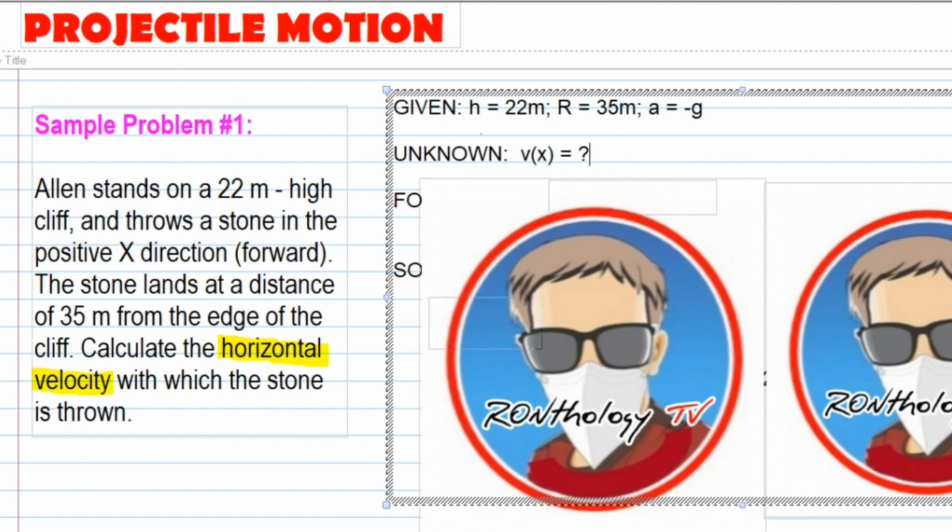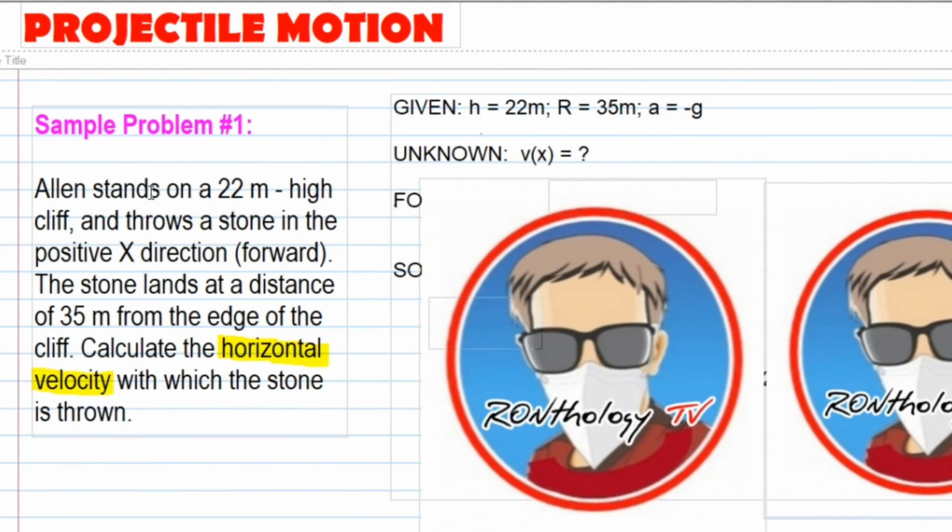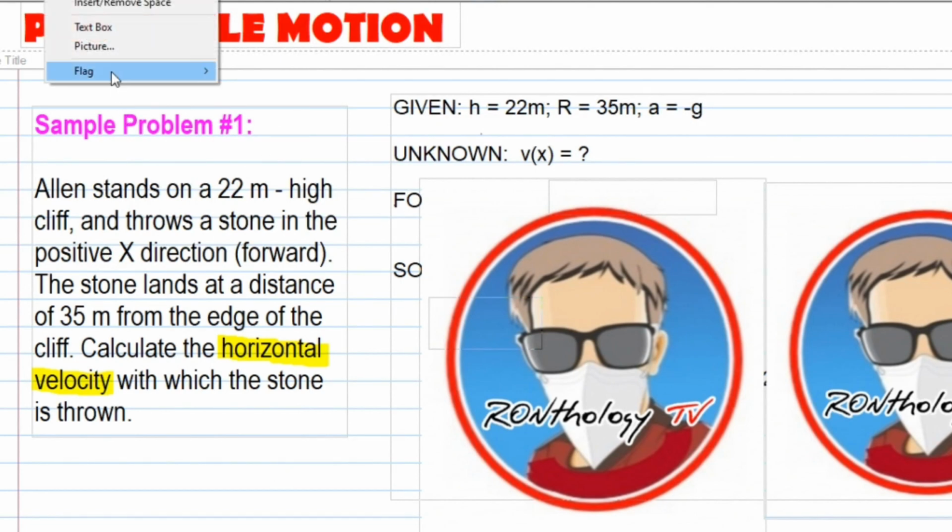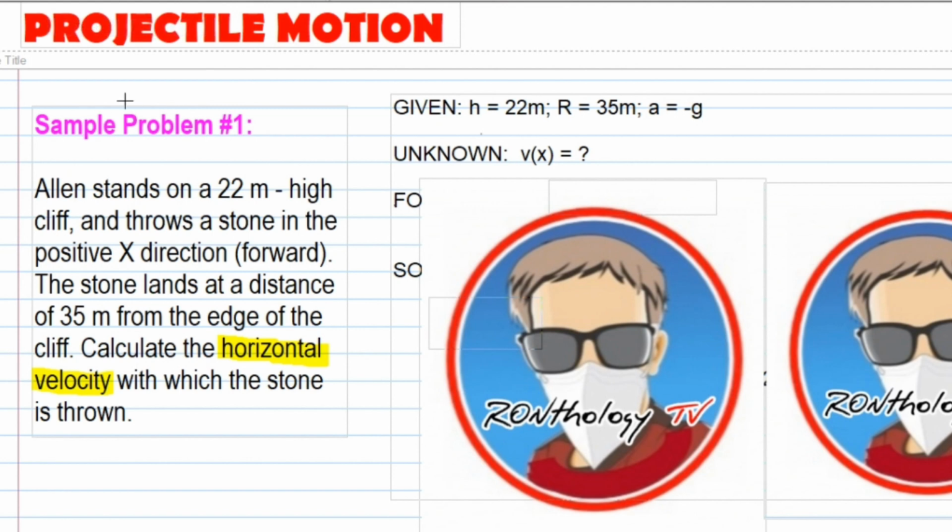Okay? Next, formula. Anong formula ang pwedeng gamitin to solve for Vx? Before you can answer that, kailangan mo muna i-identify kung anong case ba itong projectile natin. So, anong case kaya to? Case 1 or case 2? Very good. This is case 1.